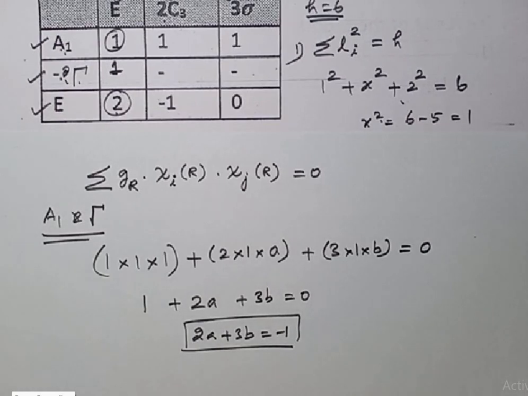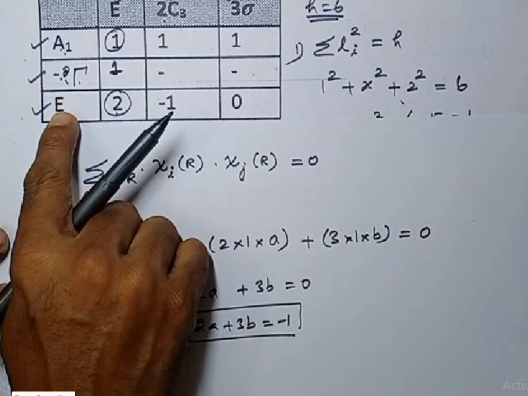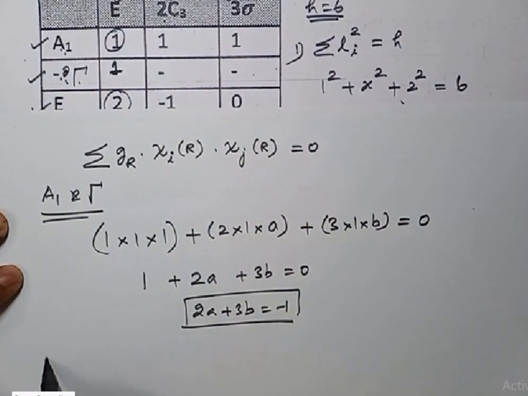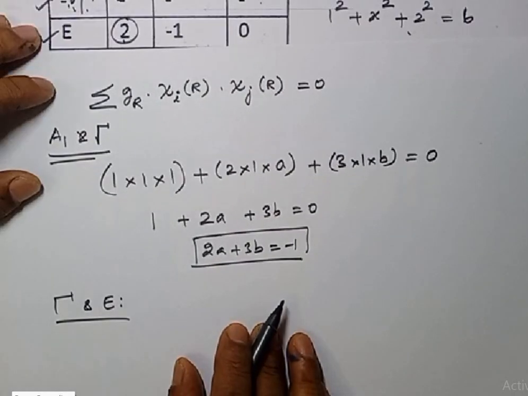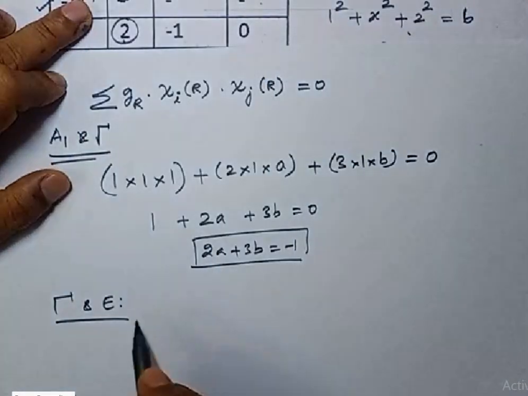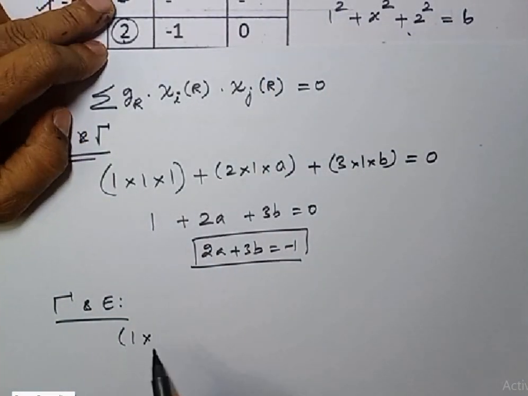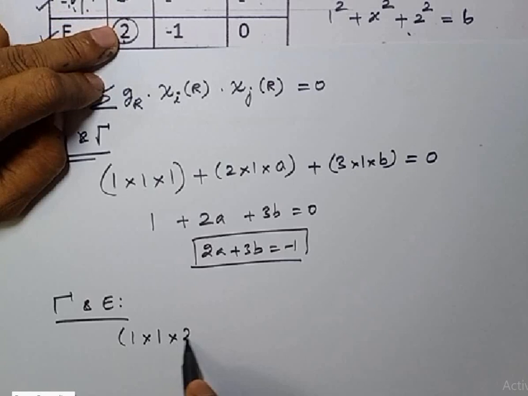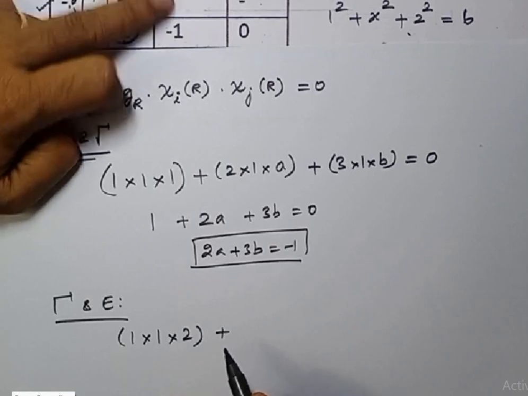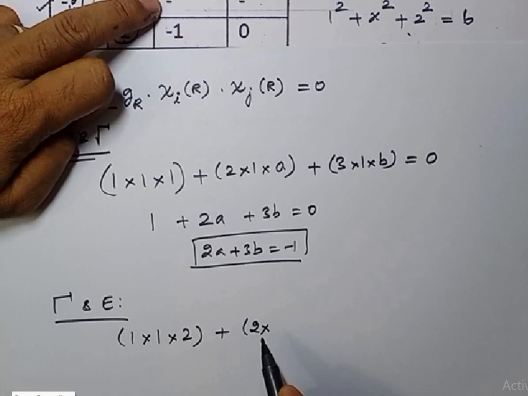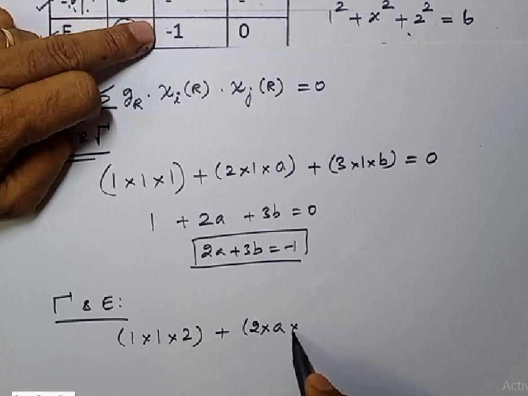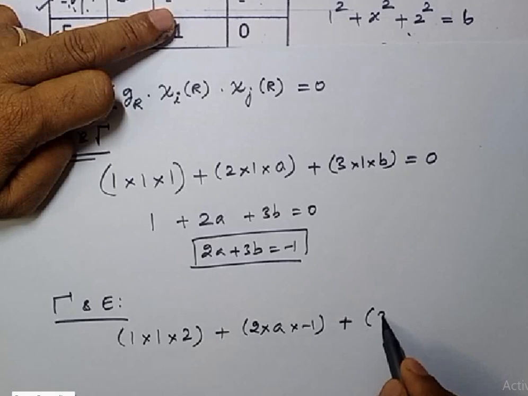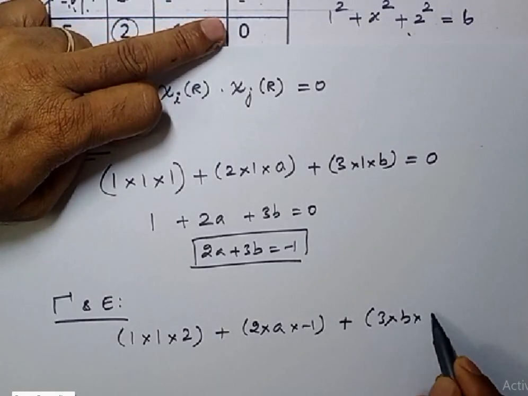I'm just using the orthogonal condition here. Then similarly, this gamma must be orthogonal to E. So gamma and E must also be orthogonal. If you use the same rule here, the number of operations in class 1 is 1, times 1, times 2 for class 1, plus for class 2, 2 times A times minus 1, plus 3 times B times 0.